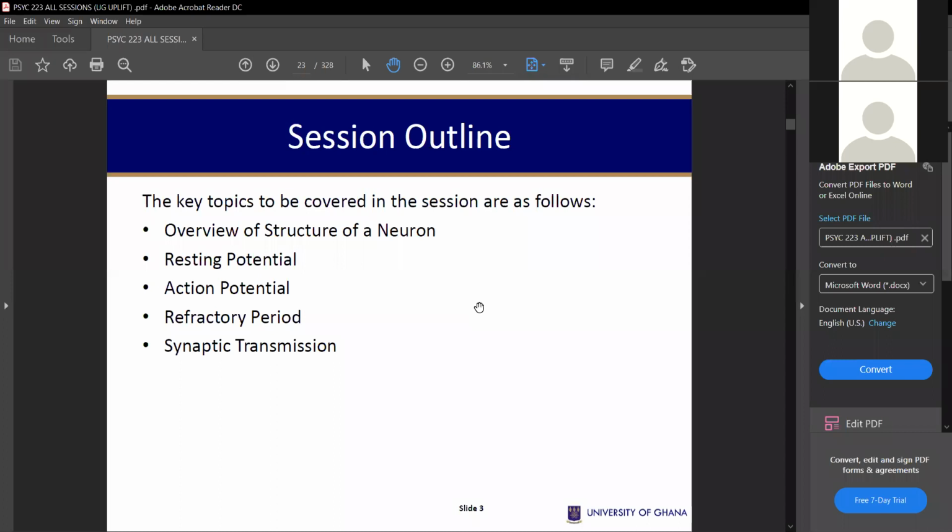And these are the key concepts you are supposed to know, because in exams, Dr. Anu can just ask you, so what is saltatory conduction? Or it can be in your objectives. When action potential moves from one node of Ranvier to the other in a myelinated axon, this process is known as saltatory conduction.